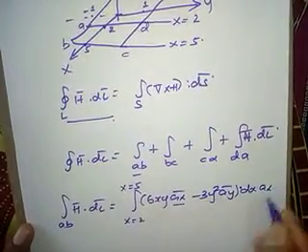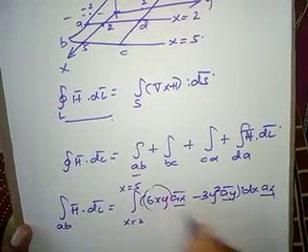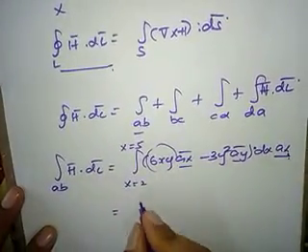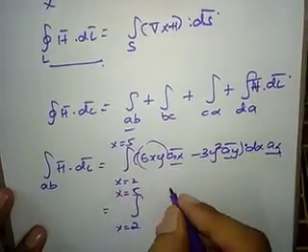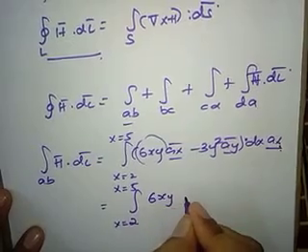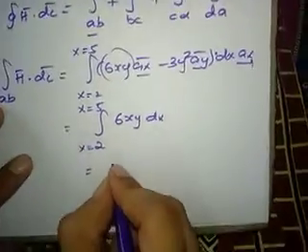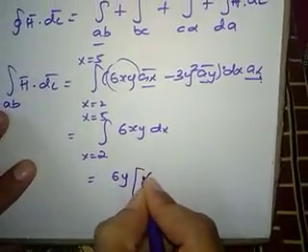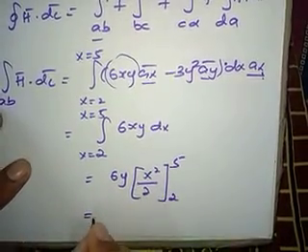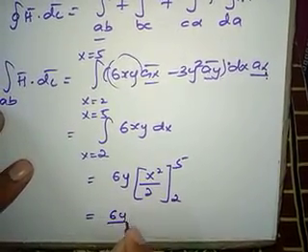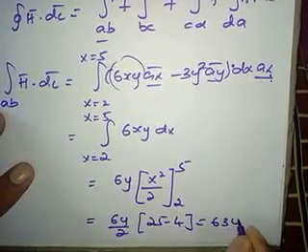So ax bar dot ax bar is 1, ay bar dot ax bar is 0. So we get only this term. This will be equal to the integral from x equal to 2 to 5 of 6xy dx. So we get 6y of x square by 2 over the limits 2 to 5. On simplification, you get 6y by 2 times 25 minus 4. So this will be 63y.